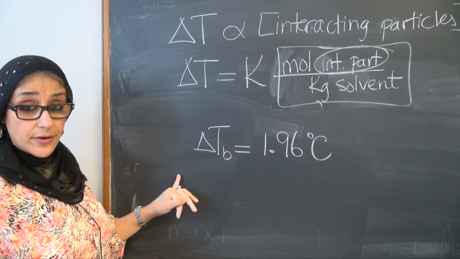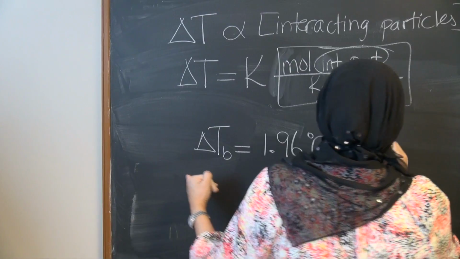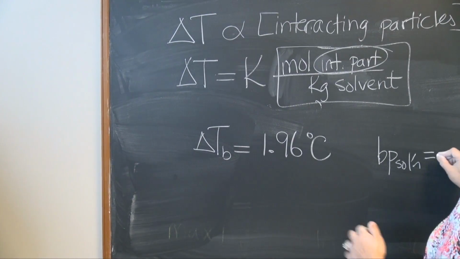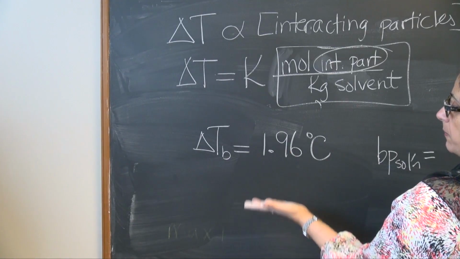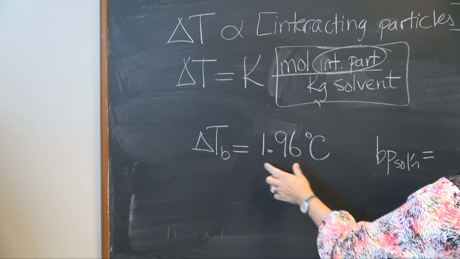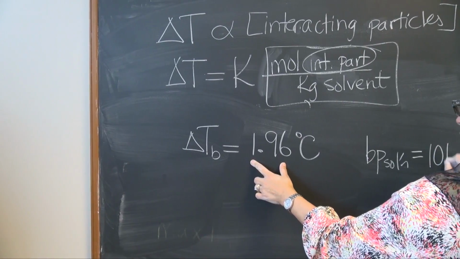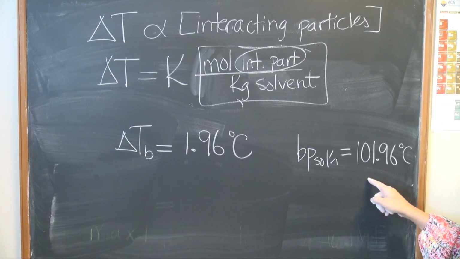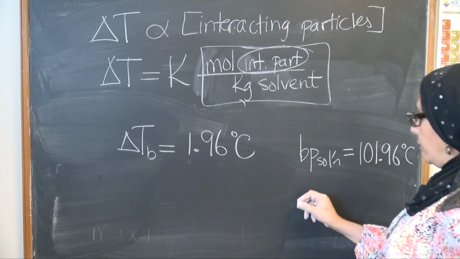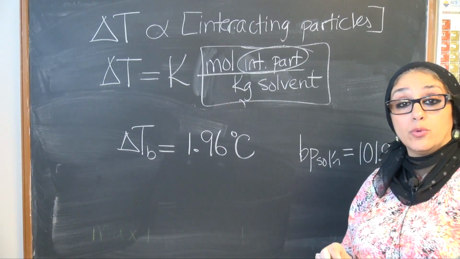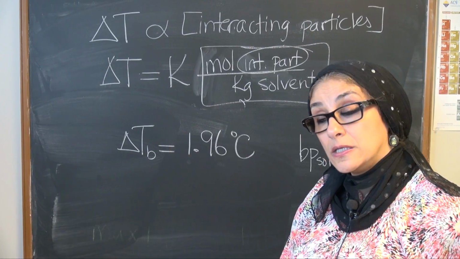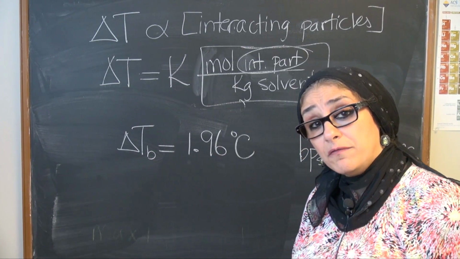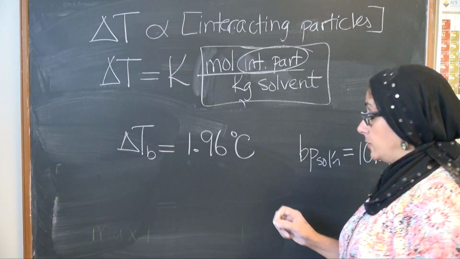If this is water, that means the boiling point of the solution, this is how many degrees above, right? An elevation of boiling point is going to be 101.96 degrees Celsius. So the boiling point for the solution will be the boiling point of the pure solvent plus the change in the boiling point. How many degrees above that the solution is going to go.